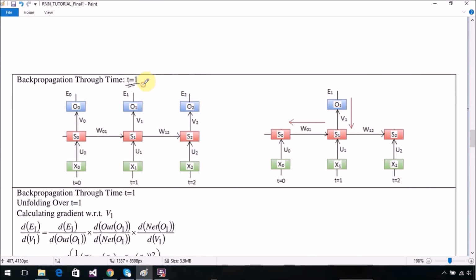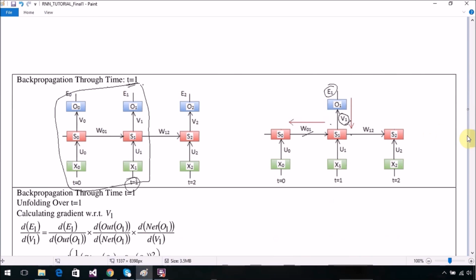In this case for t equal to 1 we will consider this part of the network only. Here the back propagation of error will flow from E1 through O1 to S1 and then from S1 to S0. So in this back propagation path we can easily calculate the gradient of E1 with respect to V1 and with respect to W01.